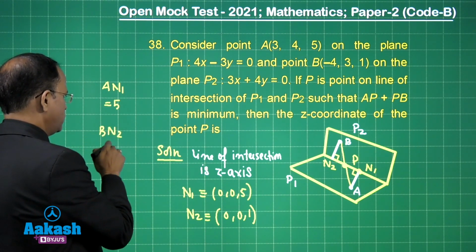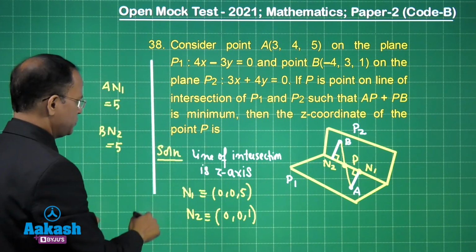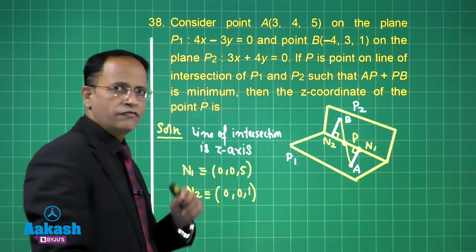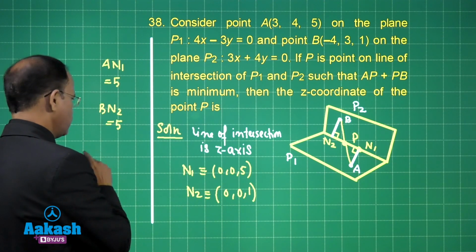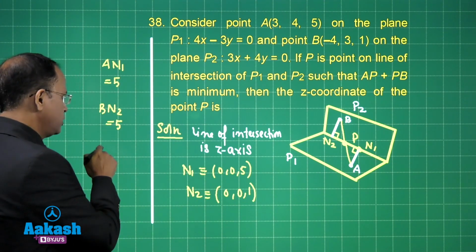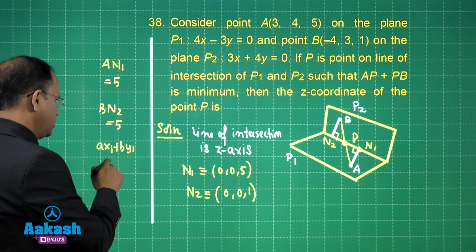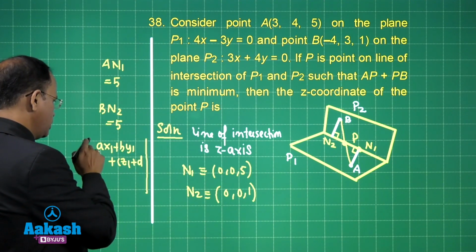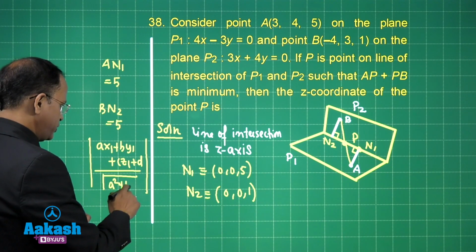So why is it so? Let's have a look at this. If we say this is equal to 1, what does it mean? It means the perpendicular distance from a point to a plane, for which we use the formula Ax1 plus By1 plus Cz1 plus D, whole divided by the square root of A squared plus B squared plus C squared, isn't it?